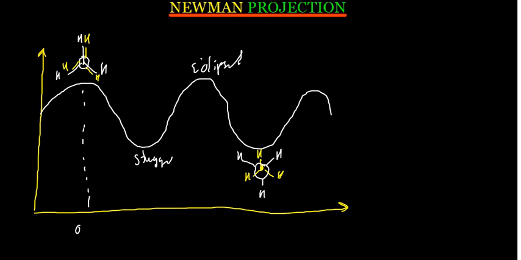So starting with this one, we can see there is basically no angle between these two hydrogens. So this is 0 degrees. We are moving in 60s. So at this point we can see the angle between here is 60 degrees. If I add another 60, I'm going to reach 120, and still there's not going to be any stability at 120 degrees. If I add another 60 at this configuration, this is going to be 180.